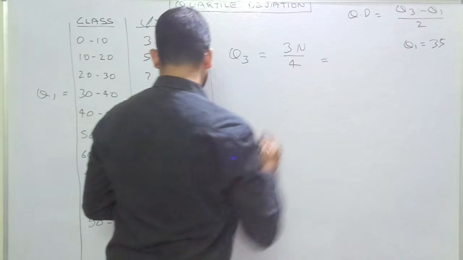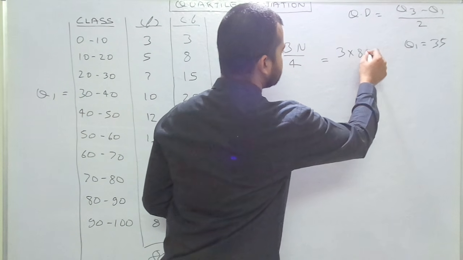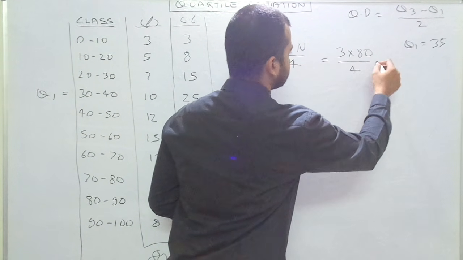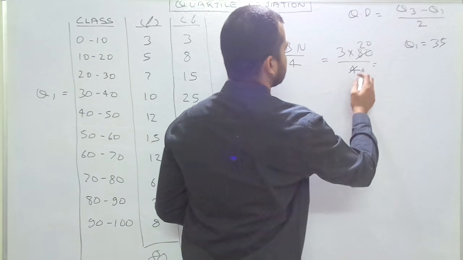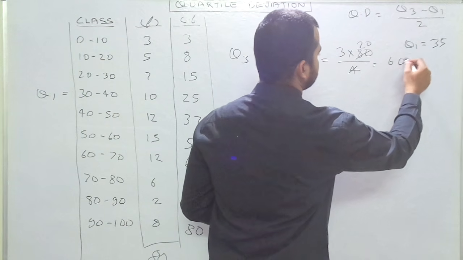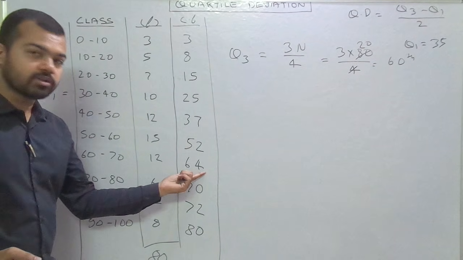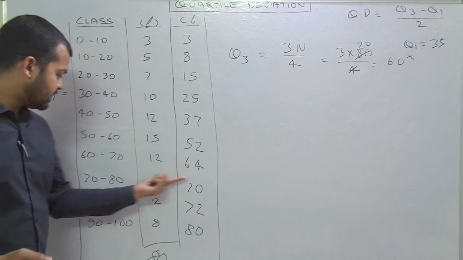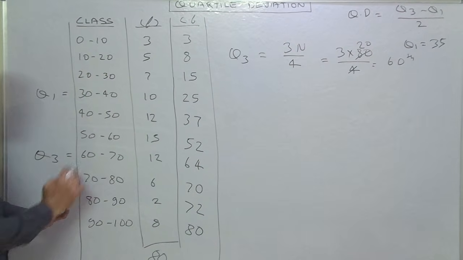Here the total n is 80, so 3 into 80 divided by 4. 80 divided by 4 is 20, into 3 is 60. So you have to look at the 60th item. The 60th item falls under this cumulative frequency of 64. It means your Q3 class is 60 to 70.